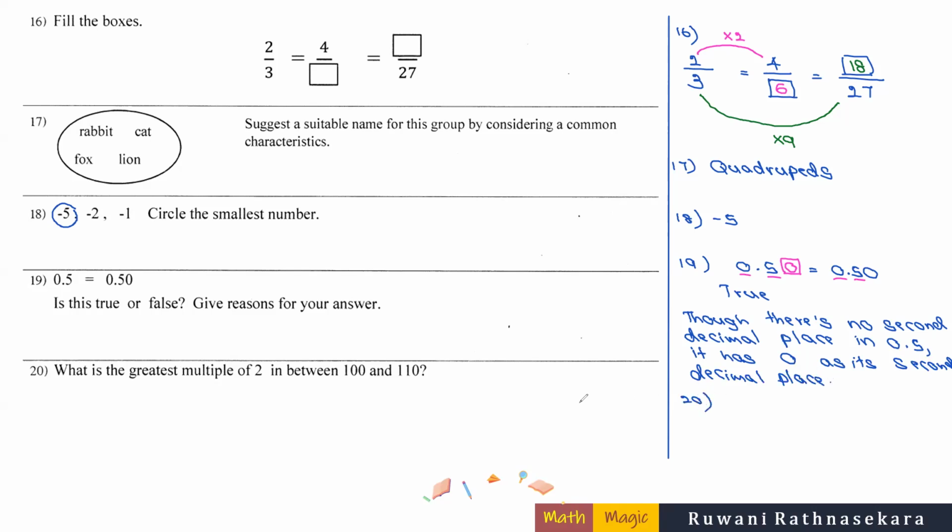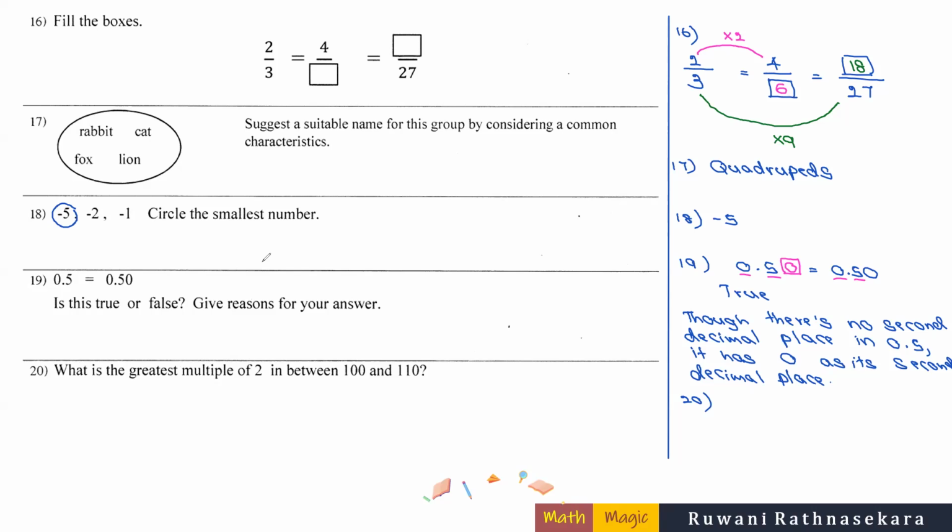Right. The 20th question. What is the greatest multiple of 2 between 100 and 110? The multiples of 2 we learned in the lesson of divisibility, where we listed out multiples of 2, and also in the lesson of factors and multiples, we discussed multiples, right?